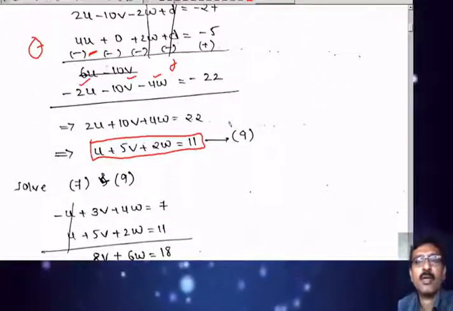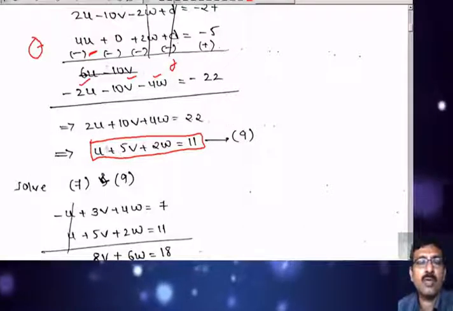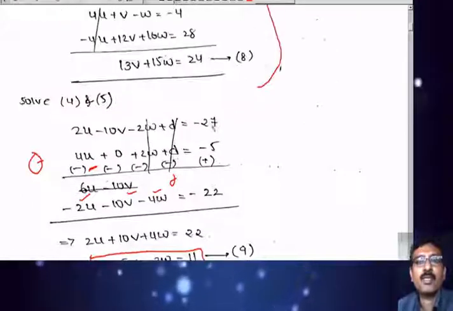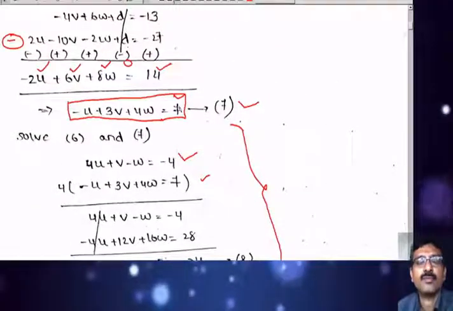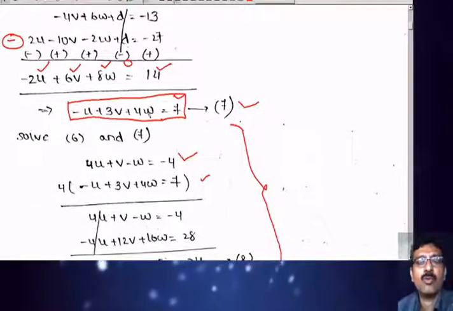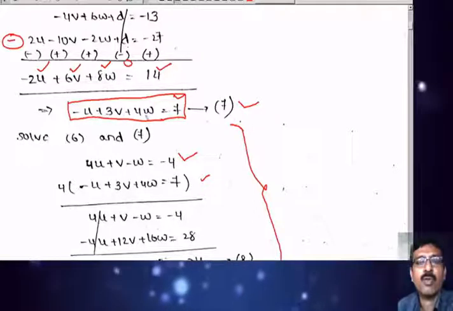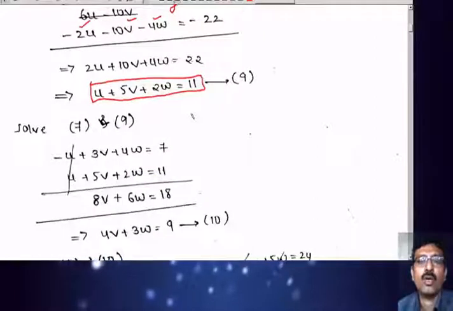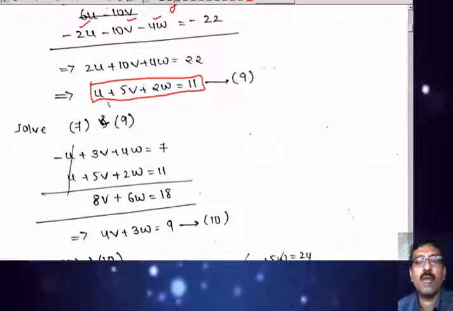We can take one more equation in u, v and w, but it is not necessary. Why? Because these 3 equations are enough to solve u, v, w. Because with 3 equations, we have 3 unknowns. We don't go to another equation having u, v, w.